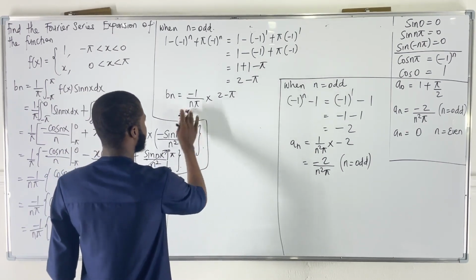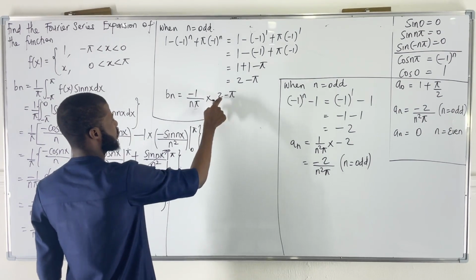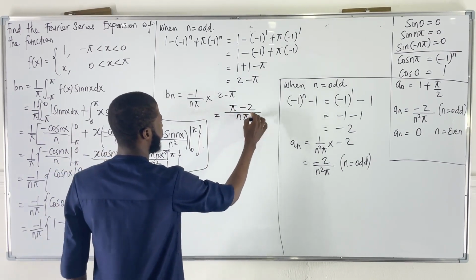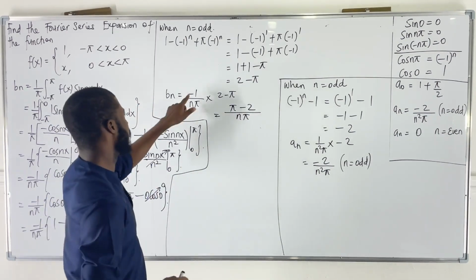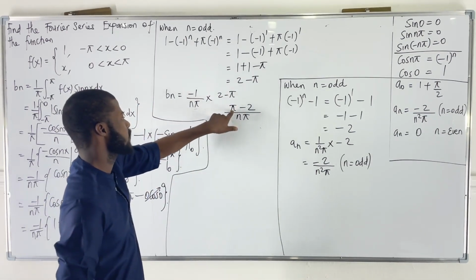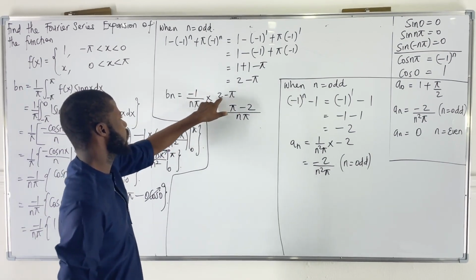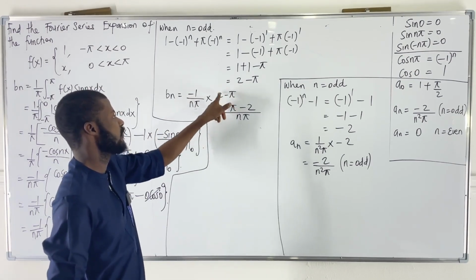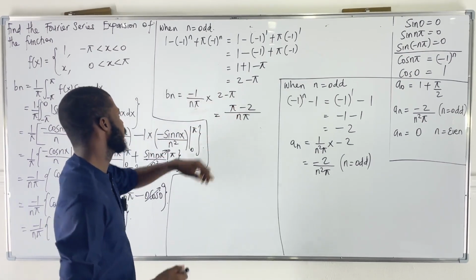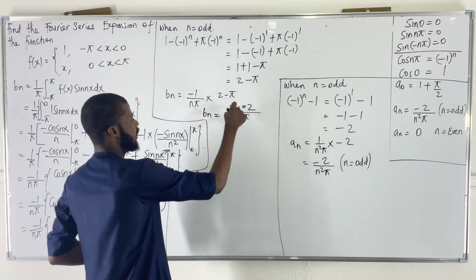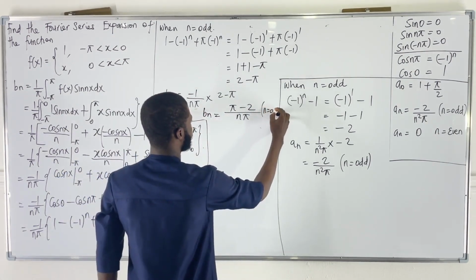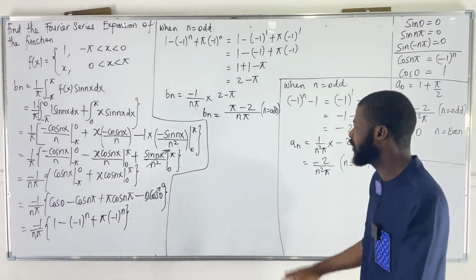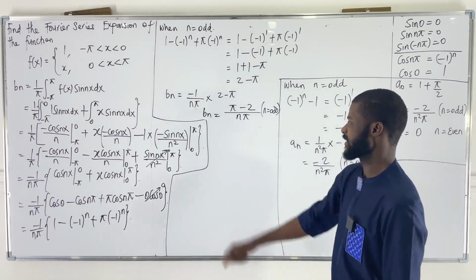Let me write it here: this is equal to pi minus 2 divided by n pi. How was I able to do this? Minus 1 times minus pi is pi, then minus 1 times 2 is minus 2. The negative flips these two terms. So this is my b sub n when n is odd, of course. It's looking like a very bulky expression, but this is what it is.